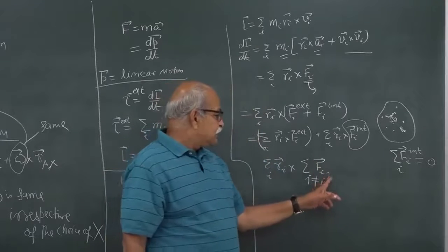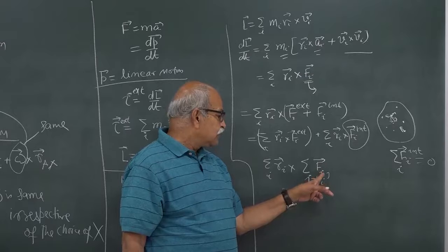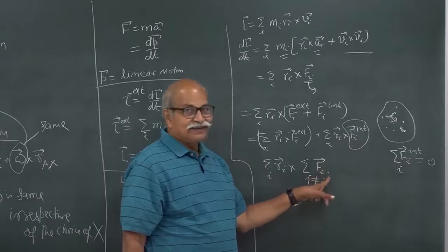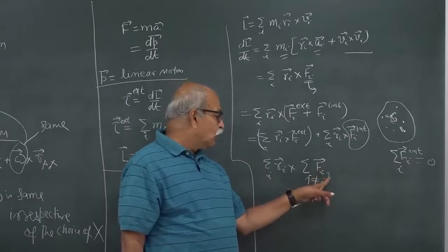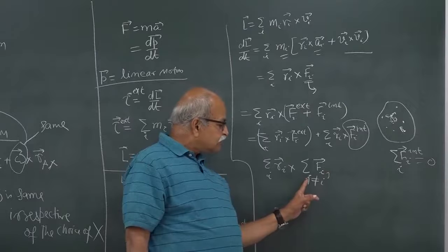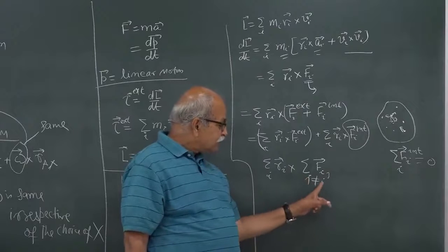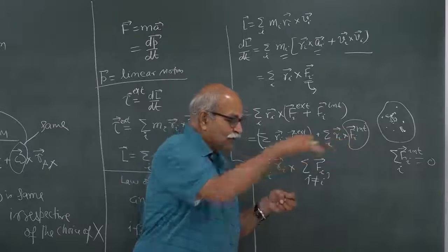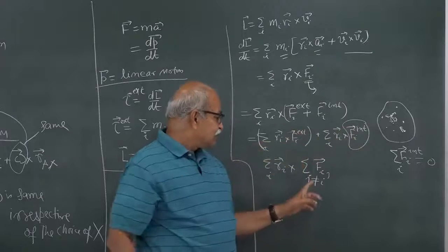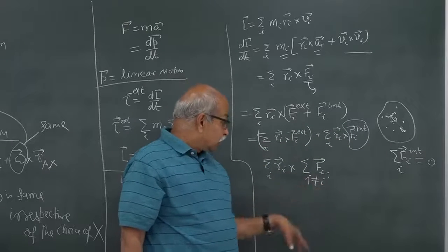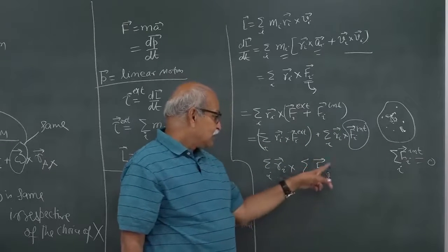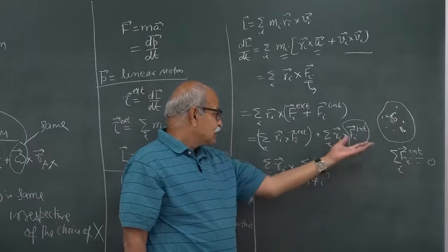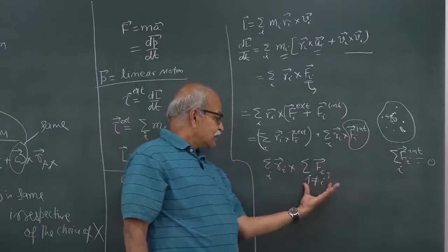What is this Fij? It is the force on the ith particle by the jth particle, and then we go over all the values of j for second, third, fourth, nth particle except this i, because I have to consider forces by the other particles. That is why this j is not equal to i. All other j I have to consider.